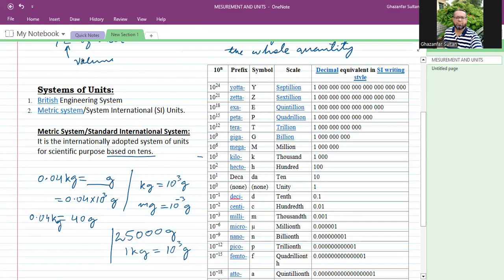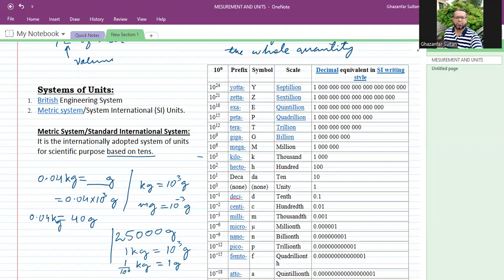So if we are talking about 1 gram, how much would be equal to kilogram? So put it here. It is 1 upon 10 raised to power 3 kilogram is equal to 1 gram. Remember that this is the power. Okay, I should write 3 very small.